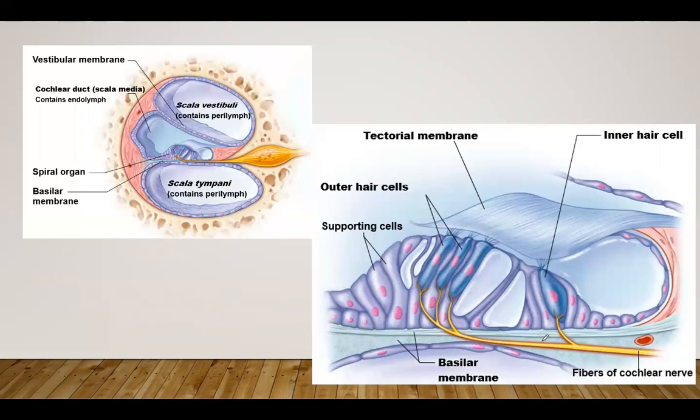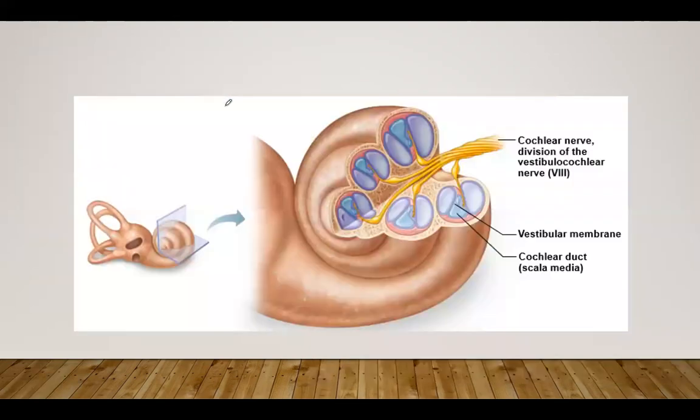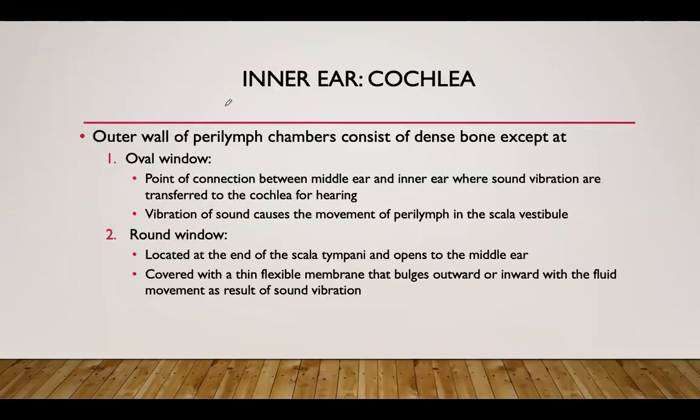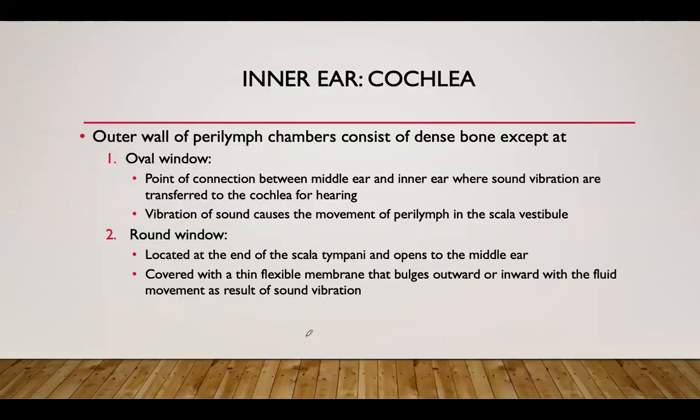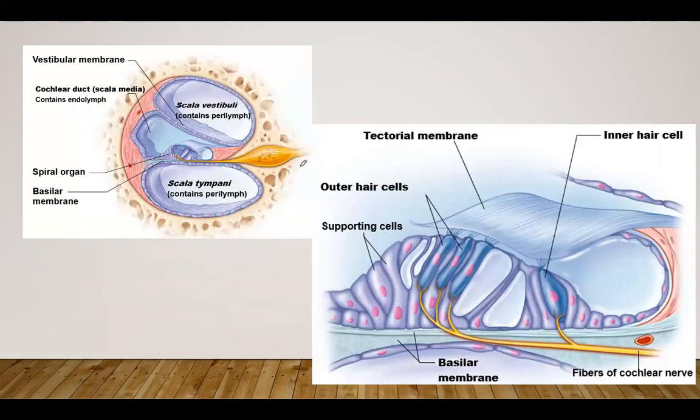So here is a cross section of your cochlea. Imagine I've done this cross section. I'm going to see one membrane on top, one in the middle, and then one on the bottom right here, right? So three separate sections. Here is what you see.